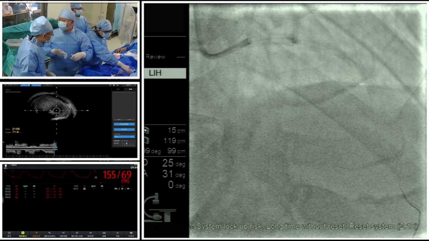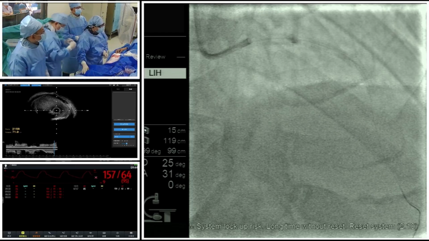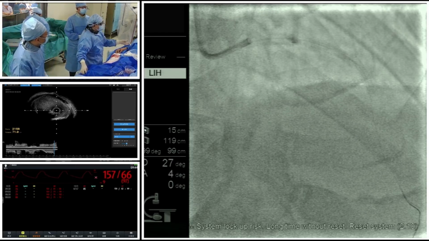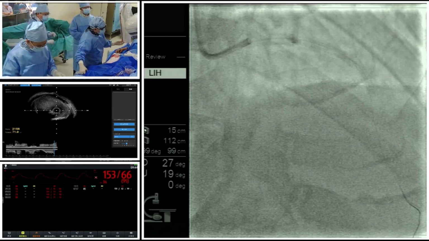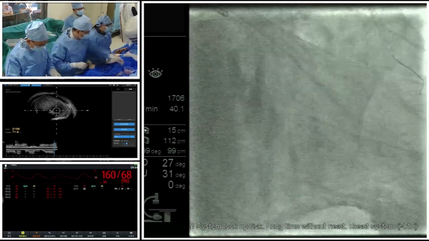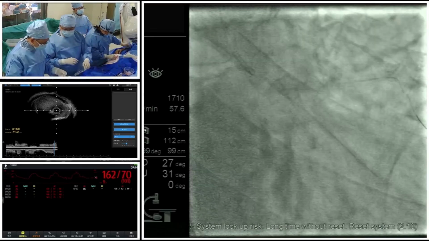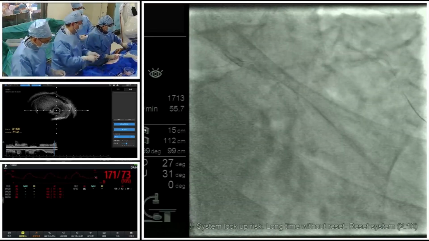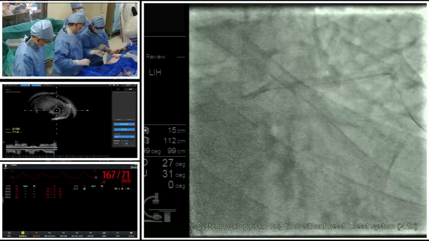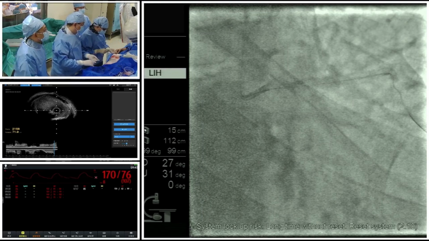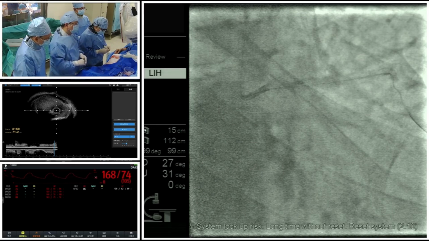It's a very easy algorithm, just like Dr. Gong said. If we can deliver an imaging catheter past the lesion, then we can choose IVL as the first choice. But if we cannot deliver the catheter to the distal part of the lesion, we will choose rota.